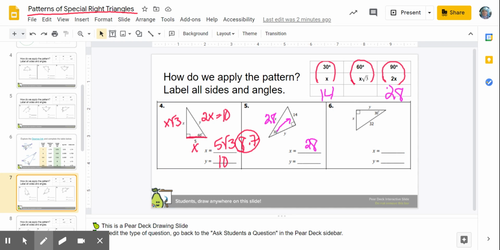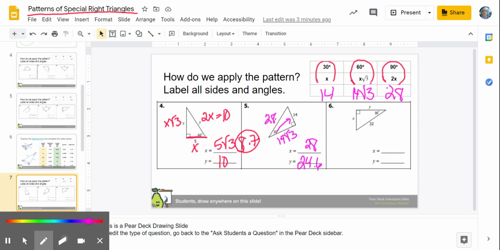And then I just stick 14 and the square root of 3 together. And what do I do? What do I get when I do that math? 14 times the square root of 3. 24.6. Do we agree? Oh, 0.2.